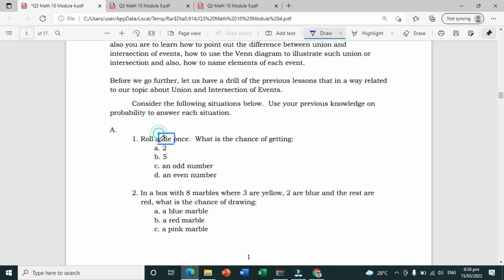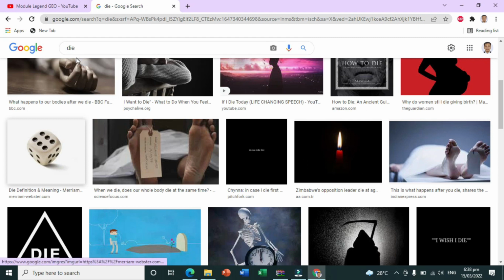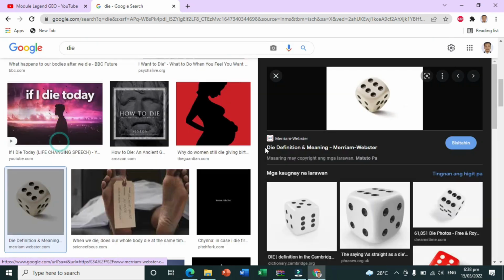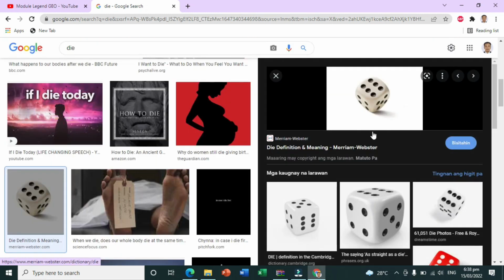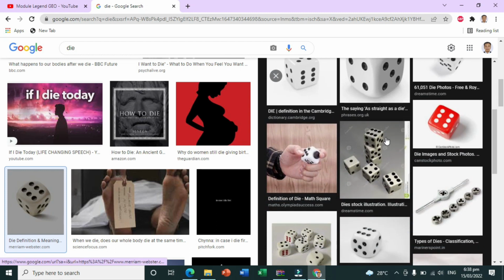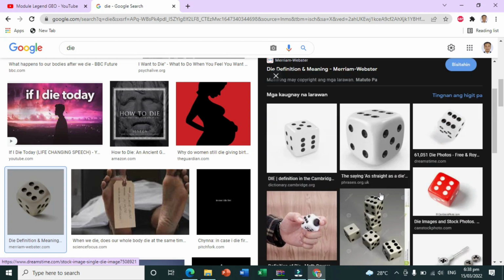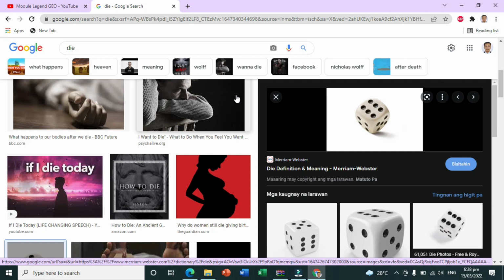Ito, die. So, kung i-research natin ito kay Uncle Google, syempre, hindi ganito yung die. Hindi, ito. Pag isa lang, die. Pero kapag dalawa or higit pa sa dalawa, yun na yung tinatawag na dice. Okay? So, yan yung die.